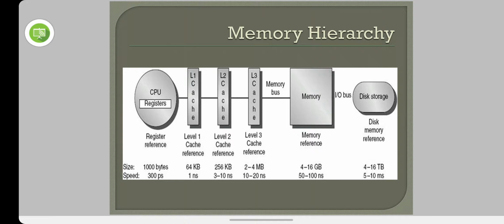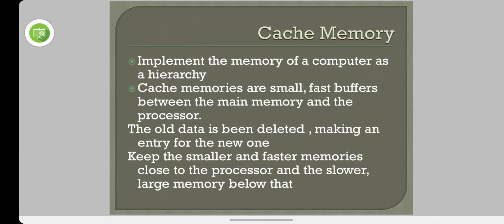So as I have told, all the small and very fast memories are kept nearer to the register, and the large and slow memories are kept farther from the CPU. Okay, so now getting into the cache memory.